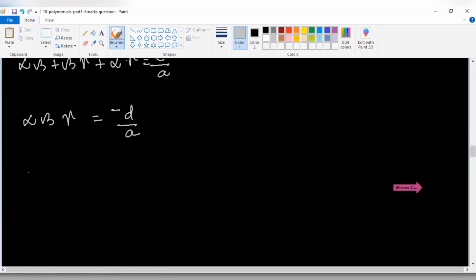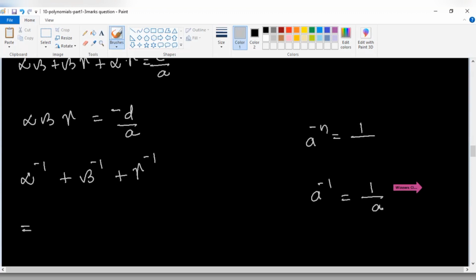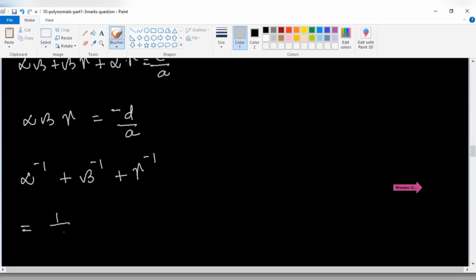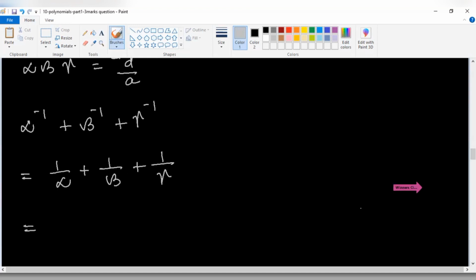So let us check what that actually is. Alpha raised to minus 1 plus beta raised to minus 1 plus gamma raised to minus 1. A raised to minus 1 is 1 by a, right? Because a raised to minus n is 1 by a raised to n. We know that is the rule of exponents. So we can take it as 1 by alpha plus 1 by beta plus 1 by gamma. Now let us add these fractions. The LCM, or the denominator part, is alpha beta gamma.